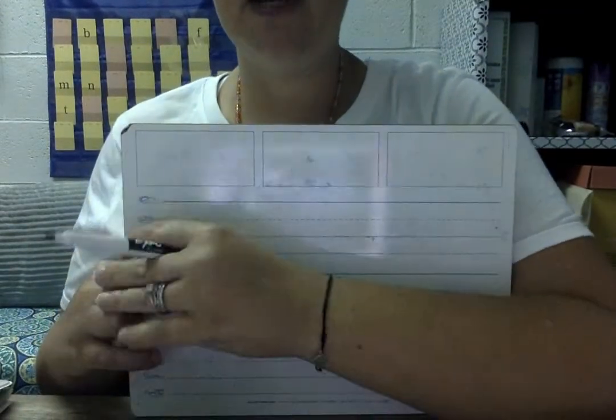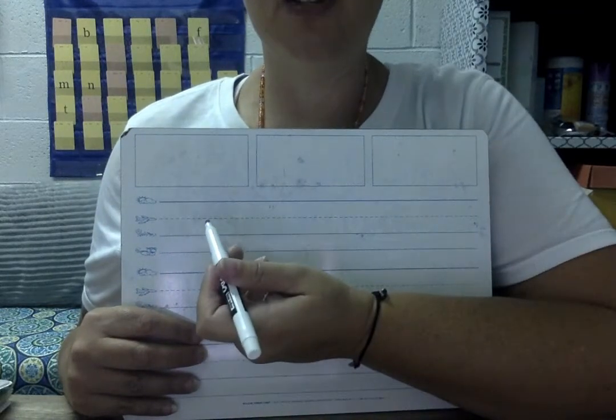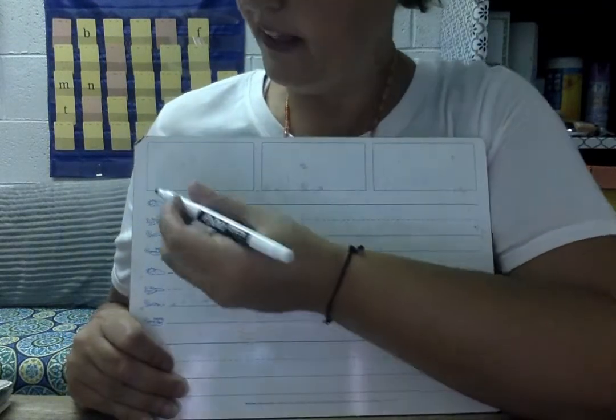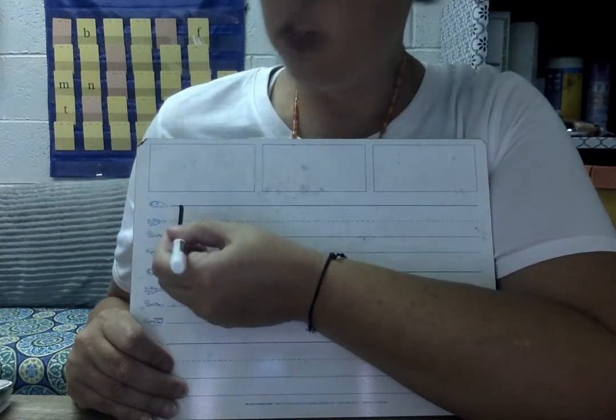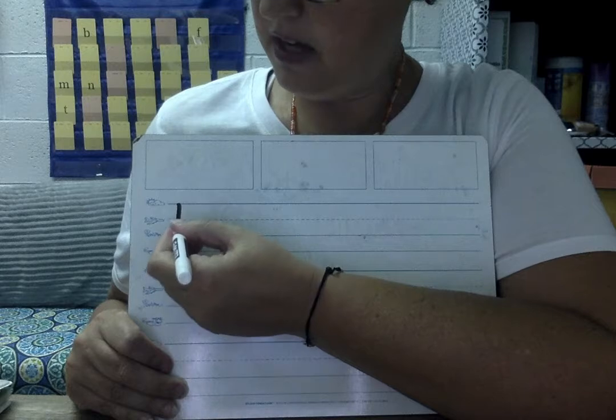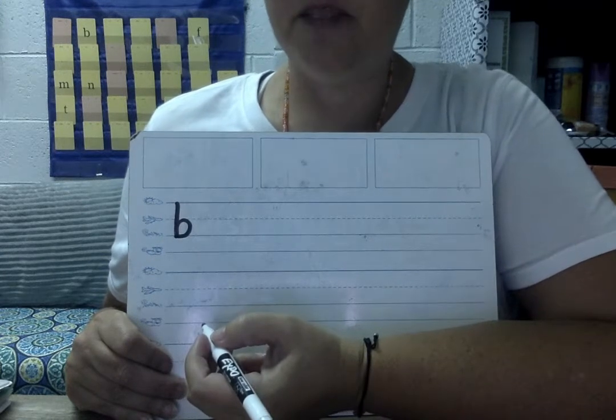If we look on our writing paper for today, we're going to practice. Today I'm going to do something a little bit different. I'm going to put the skyline letters all at the top line. So letter B, remember, start at the skyline, down to the grass line, trace back up, circle around, and close on the grass line.